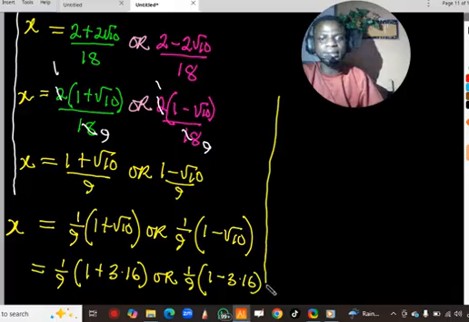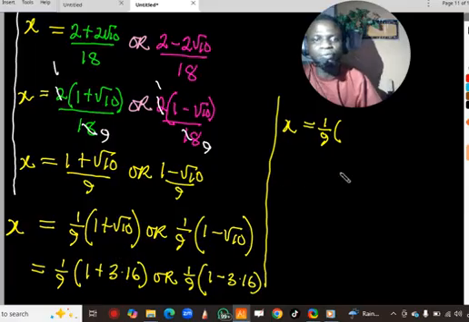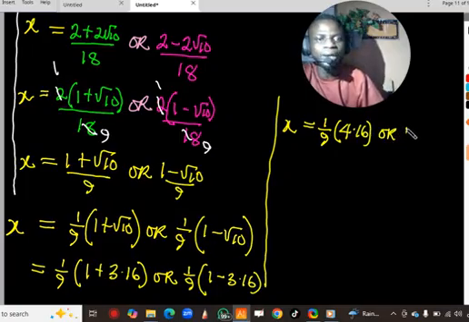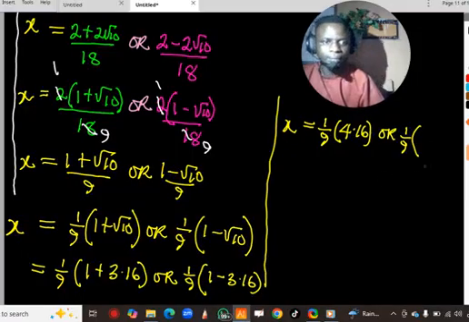So that our x is equal to 1 over 9 into 4.16, or 1 over 9 into 1 minus 3.16, that's negative 2.16.